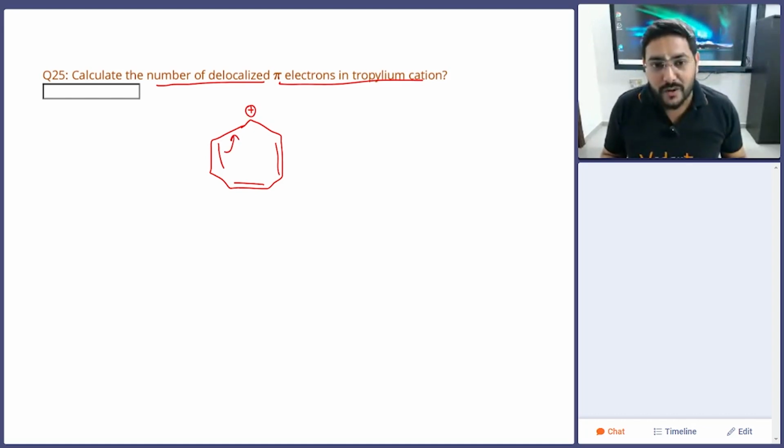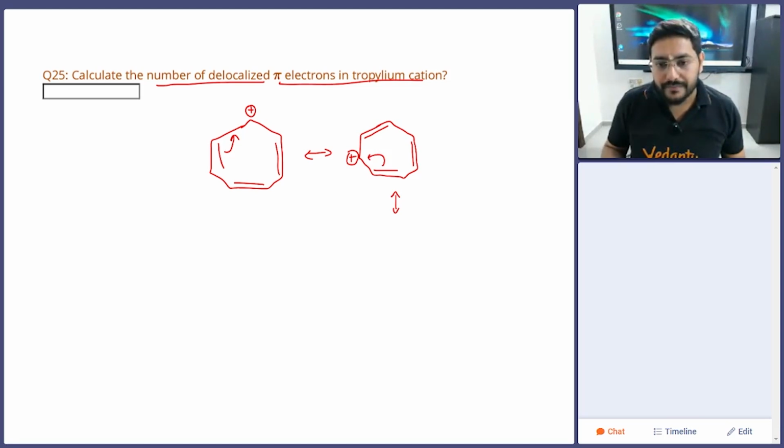So electron density is going to be moved. Yes or no? The pi bond is shifted over here, positive charge, double bond and double bond. Now this is going to be shifted over here, positive charge, double bond.